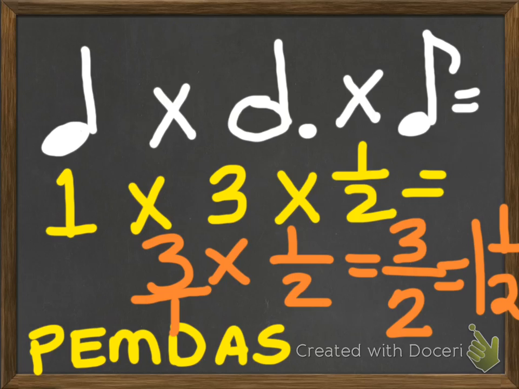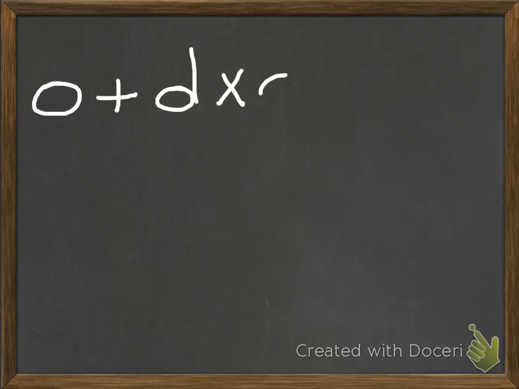Let's try where we have multiplication, division, addition, and subtraction in the same problem. So we have a whole note plus a half note times a dotted half note minus a quarter note.